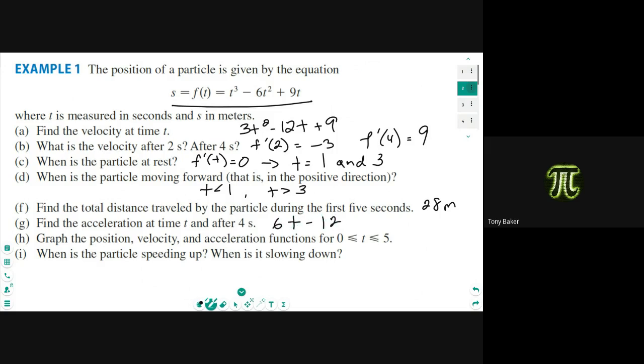And what's the acceleration after 4 seconds? 12. Actually, meters squared per, or no, it's meters per second squared. That's what it is. All right, we're not going to graph it.